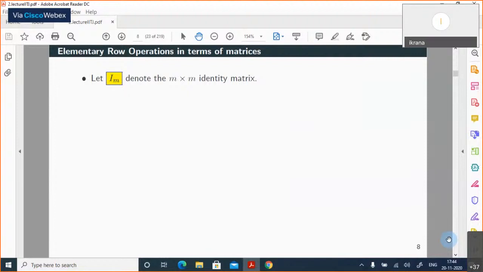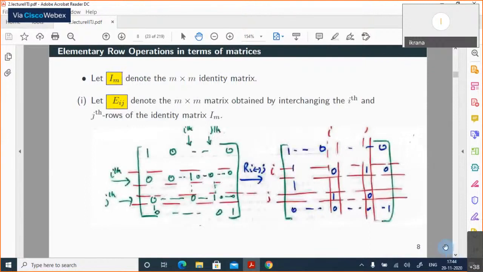So for that, let us define what are called the matrices for the row operations. For a matrix of order m cross n, the identity matrix we will denote by Im, the matrix of order m by m.